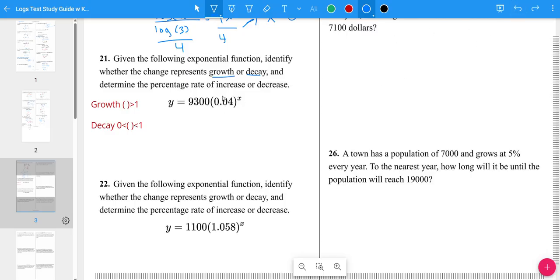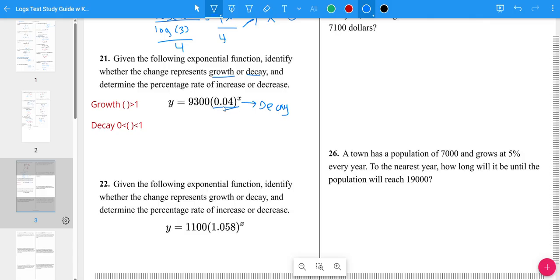So right here, we can see that this is decay. Because it's below 1, and then determine the percentage of increase or decrease.